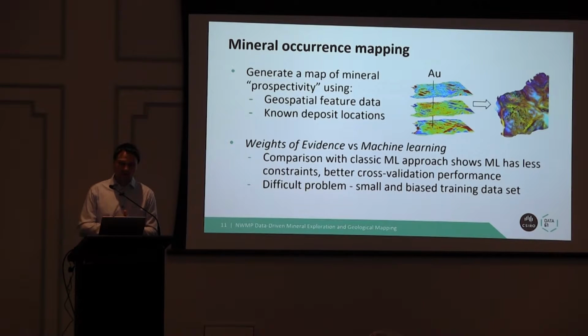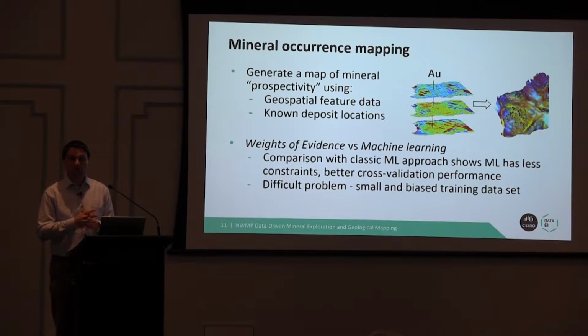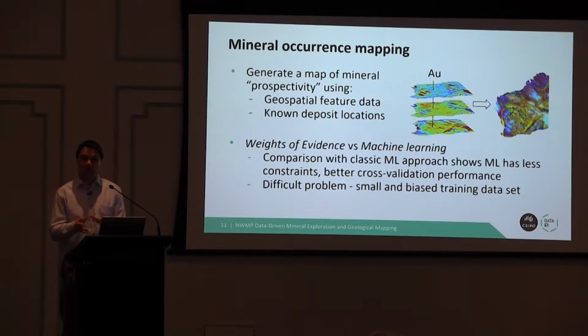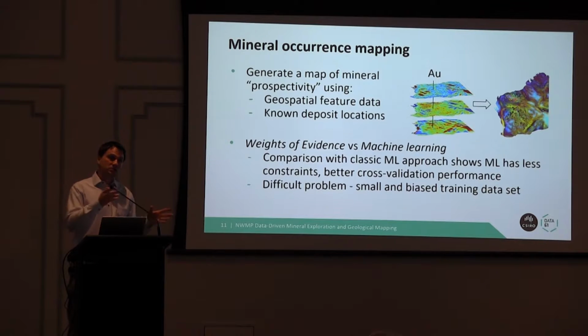Now in the mineral occurrence mapping, we actually looked at something that the GSQ has already done, and they did a 3D estimation of the mineral prospectivity in that area using weights of evidence.